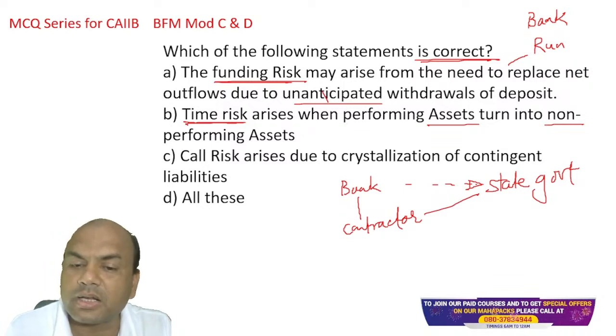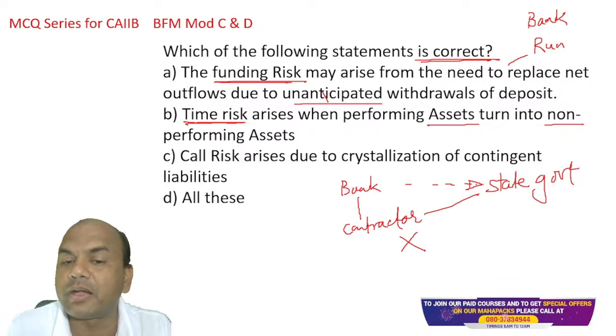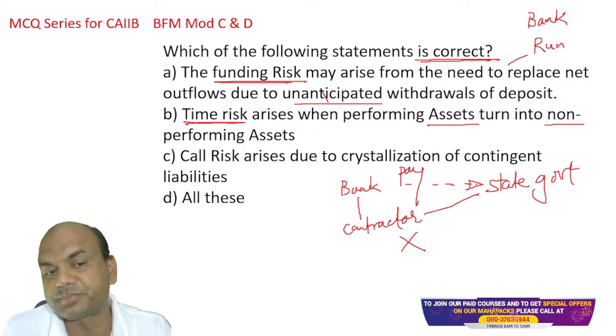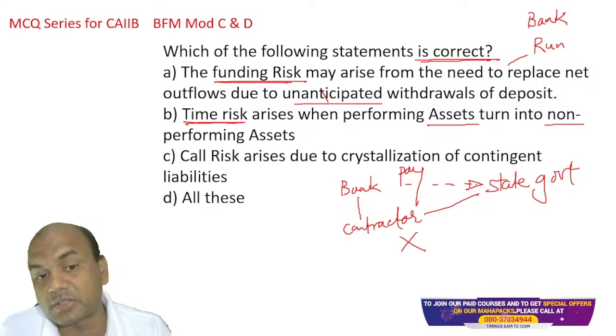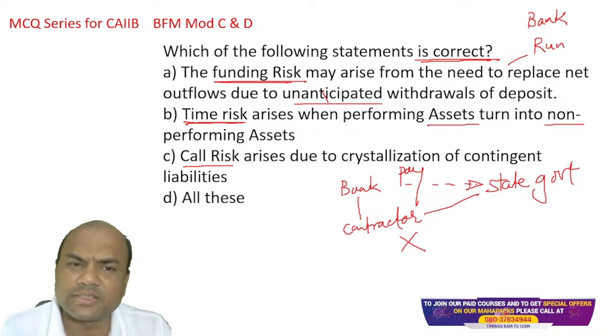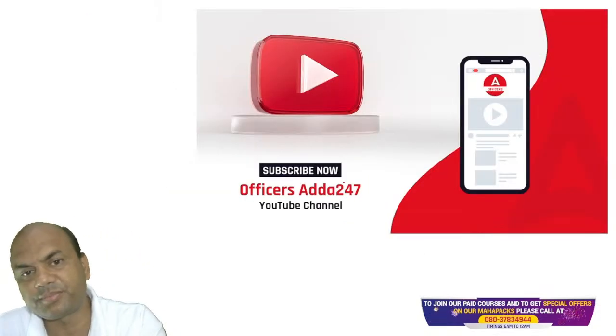Now this contractor does not build the road, does not perform. Then the state government will ask the bank for payment. So the bank will have to pay. This is known as crystallization. So which of them is correct? Call risk arises due to crystallization of contingent liability. That is also true. So the answer is what? Call risk, time risk, and funding risk. Isn't it? It's all of these. That is the correct answer.